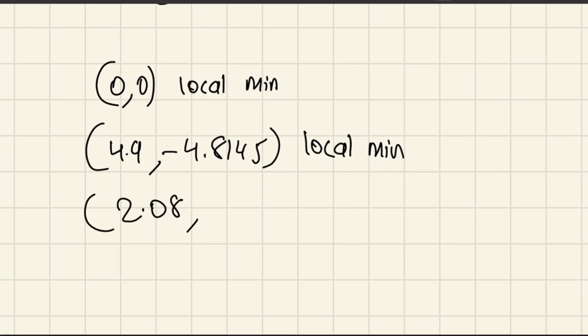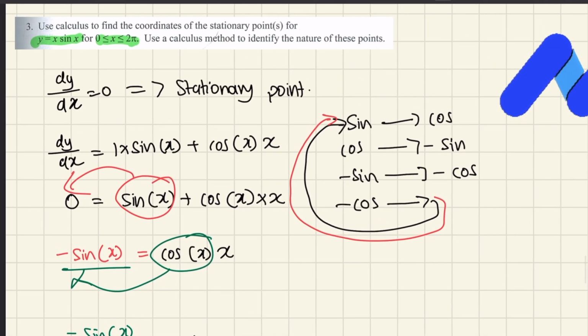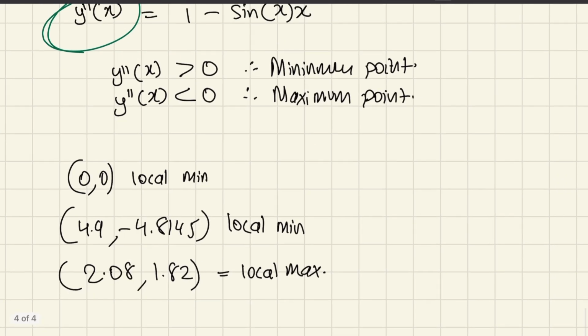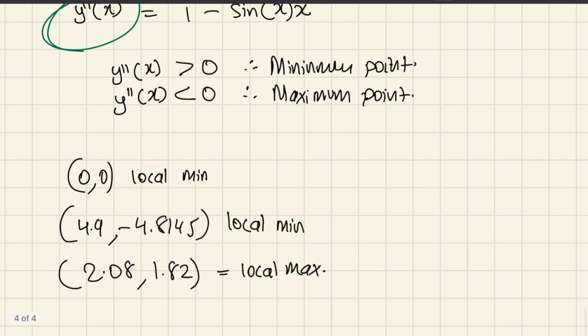This is 1.82, and this gives us a local maximum. So in this question, we have successfully used calculus to find the coordinates of the stationary points, and we've identified their nature as being minimums and maximums.